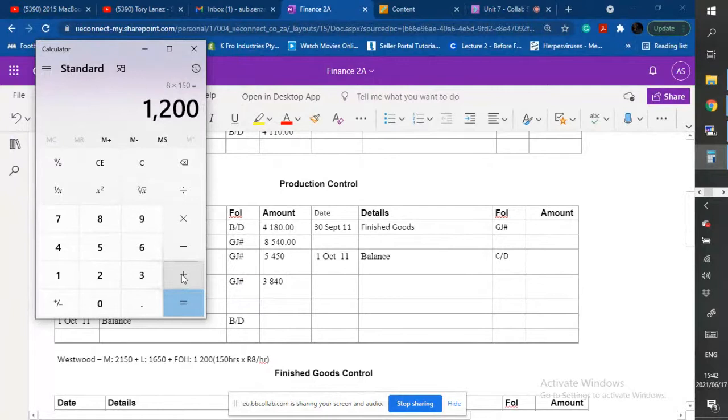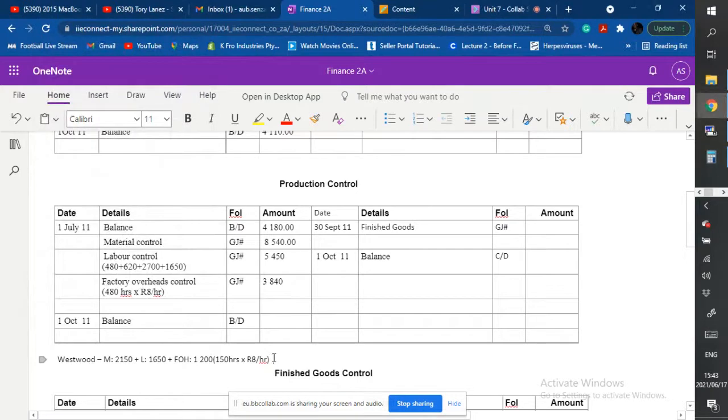So 1,200 plus 1,650 plus 2,150, we get 5,000. So this is the total of the work that has not yet been completed. So here you're going to have balance carried down of 5,000, and here you're going to have balance brought down of 5,000. Okay, because that work wasn't completed and sold.